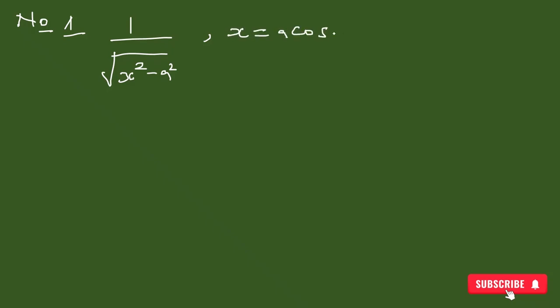Number 1, simplify 1 over the square root of x squared minus a squared, when we are given x as a cosec theta.